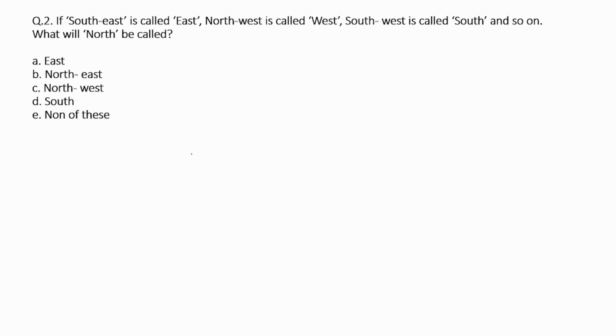Next, this is a very interesting question, but easy to answer. If southeast is called east, southeast is called east. First we will draw our original direction. We know that this is east, this is west, this is south, this is north.